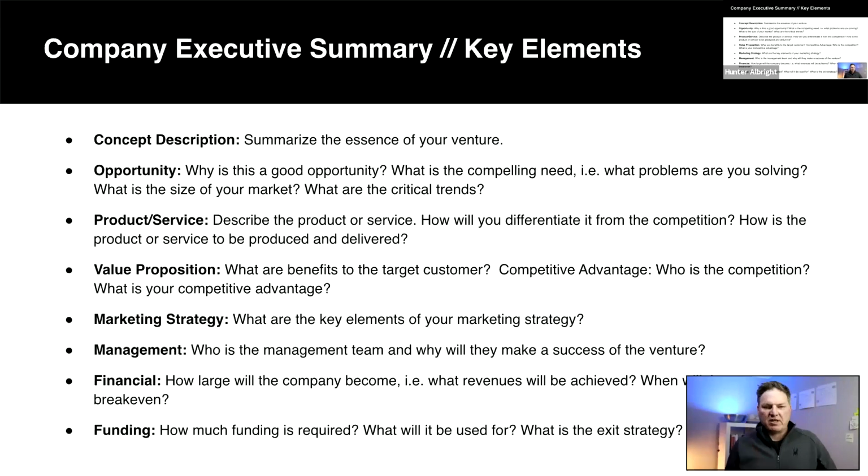The more you use it, the better feedback you're going to get. Talk about the opportunity, talk about your product, talk about the value proposition, your marketing strategy, right? So that can be your go-to-market plan. The team is the management, your financials, and then your request for funding.